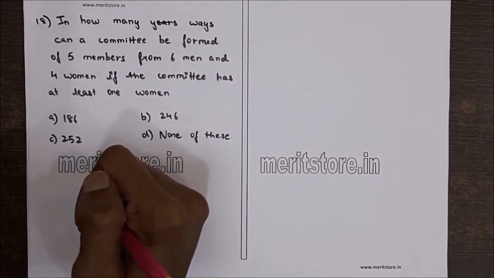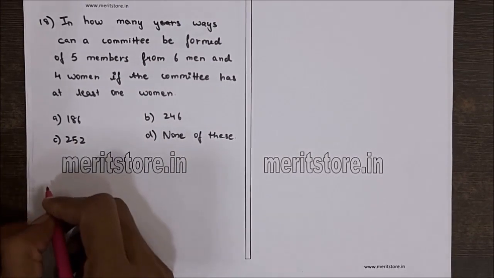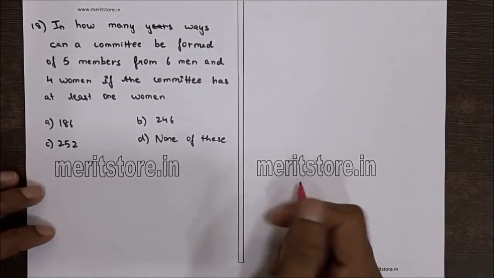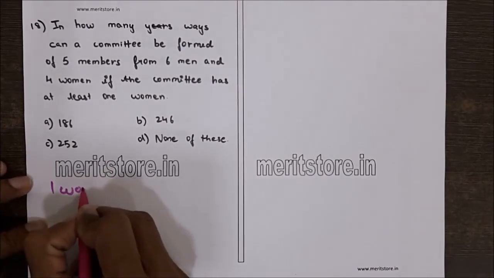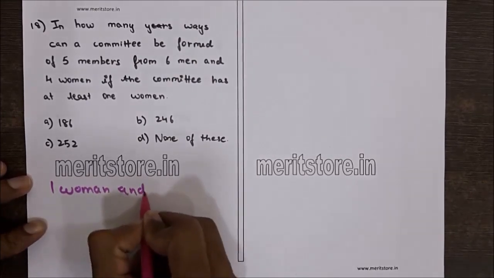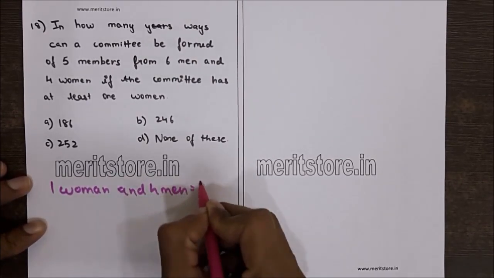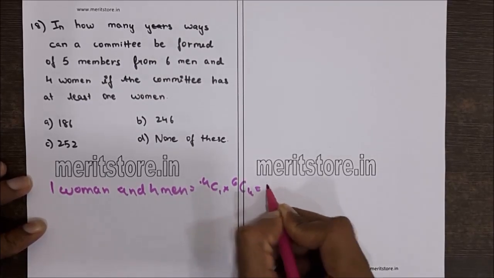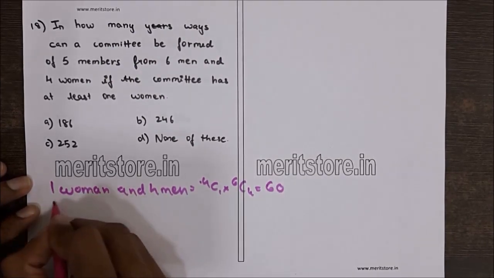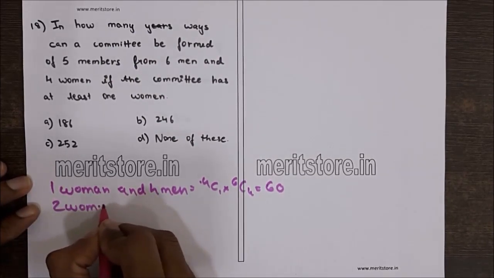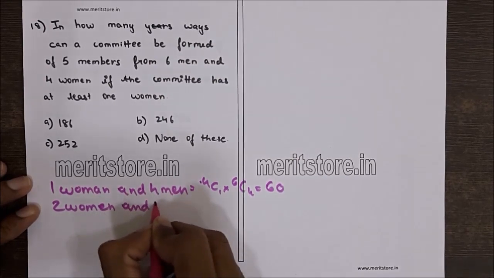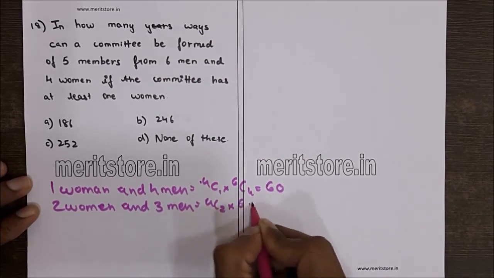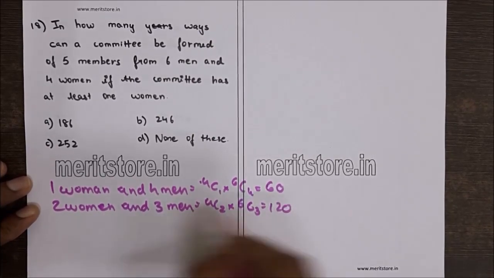The number of ways can be deduced as follows. 1 woman and 4 men is equal to 4C1 into 6C4, which is equal to 60. 2 women and 3 men is equal to 4C2 into 6C3, which is equal to 120.